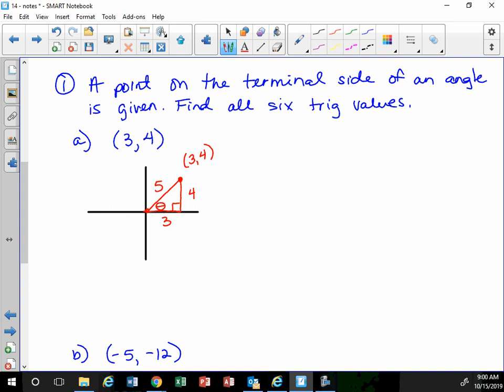Once you have it drawn, what I'm asking for is the 6 trig values, meaning I want to know what is the sine of theta, the cosine of theta, tangent of theta, cosecant of theta, secant of theta, and cotangent of theta. That's what I'm asking for.